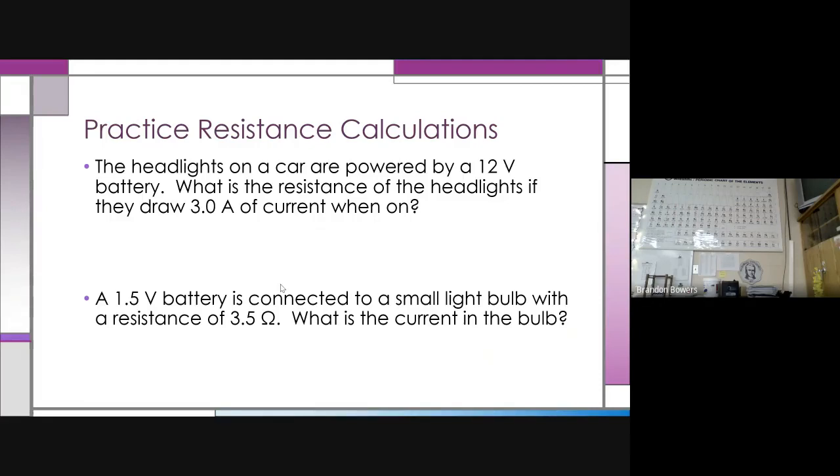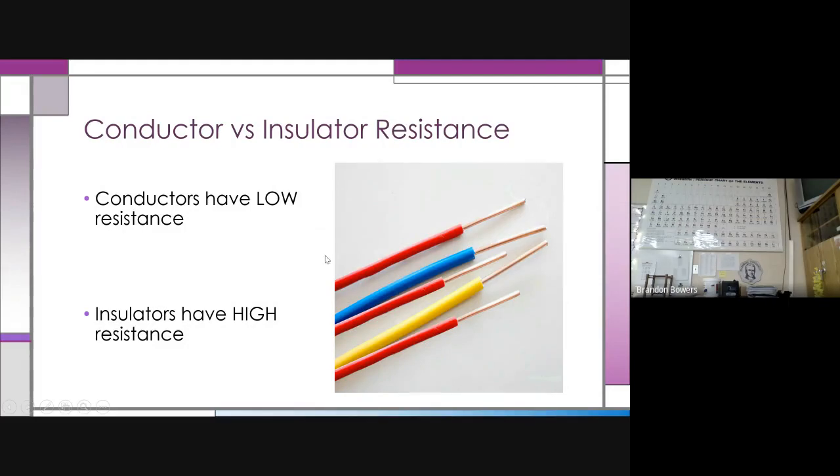All right. Now, second to last part here. Conductor, insulator. In yesterday's activity, you put a dollar bill in there, right? You put a paper clip in there, right? Did the dollar bill conduct electricity? No, it did not. So a dollar bill is an insulator.